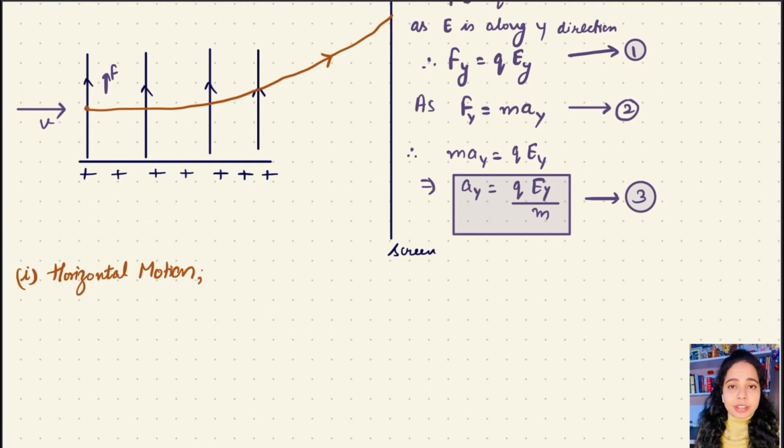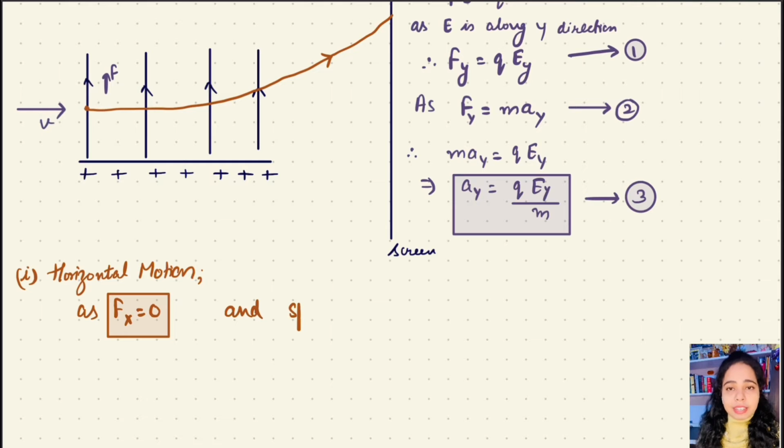As the charged particle is entering the uniform electric field with velocity v and no force is acting along the x-axis, that is, the force acting along the x-axis is 0, therefore the particle will keep on moving with the same velocity along the horizontal direction. That means we can apply a very simple formula, that is speed is equal to distance upon time.